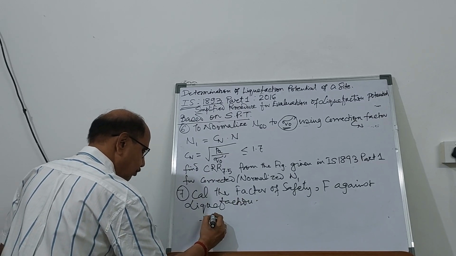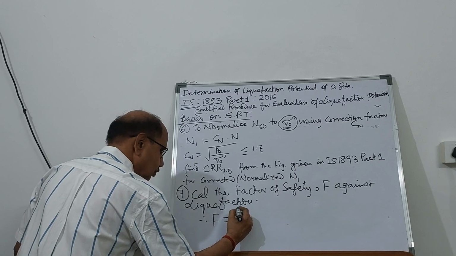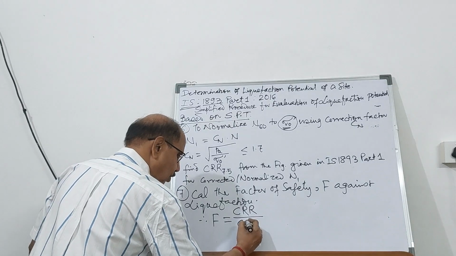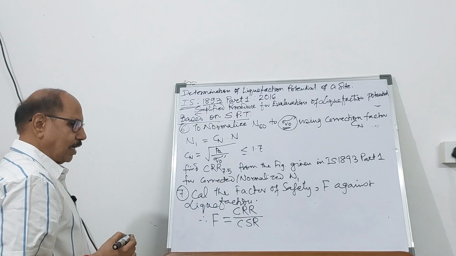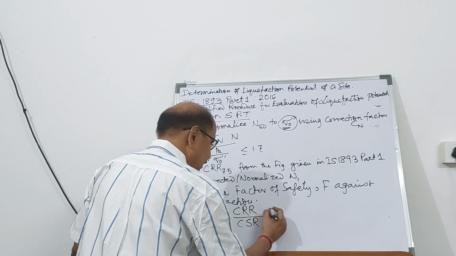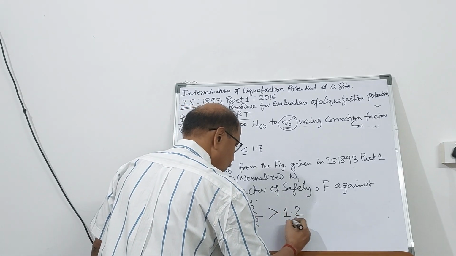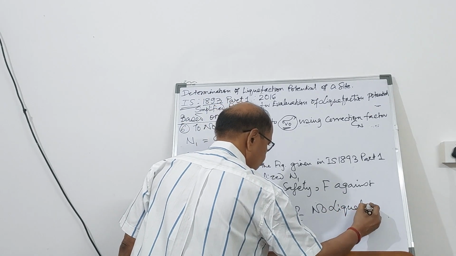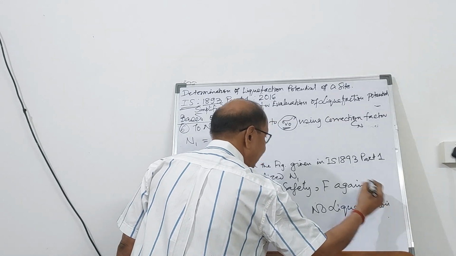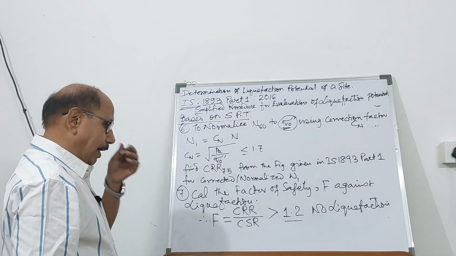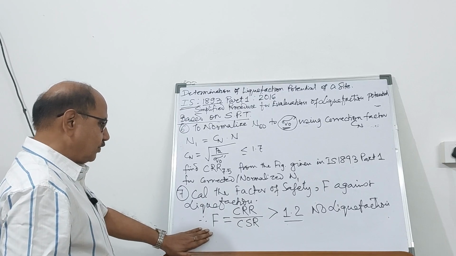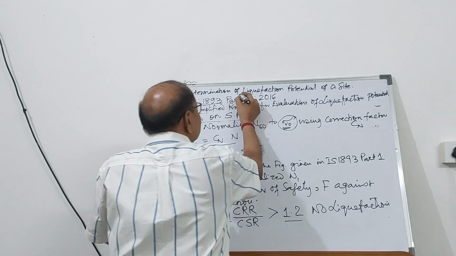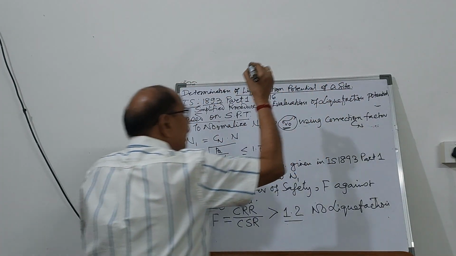Therefore, F, the factor of safety, is equal to CRR, the cyclic resistance ratio, upon CSR. And if you find that it is greater than 1.2, no liquefaction. Otherwise, your site is going to liquefy. So, determination of the factor of safety against liquefaction is the determination of liquefaction potential of a site.